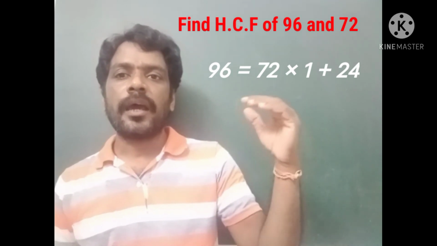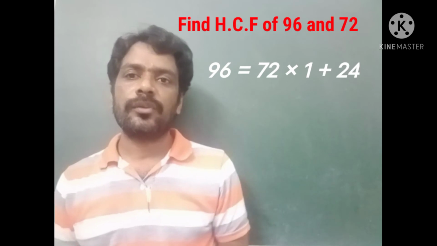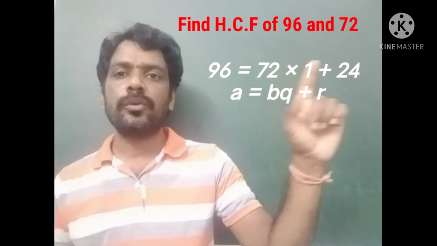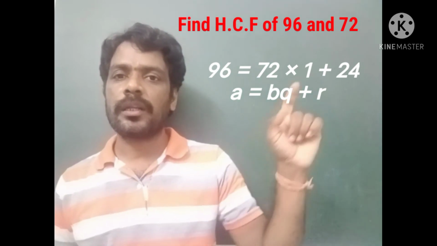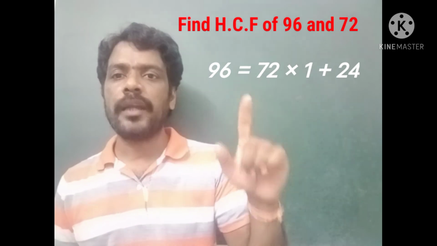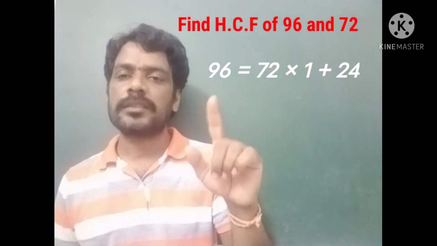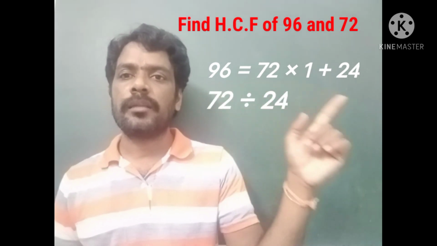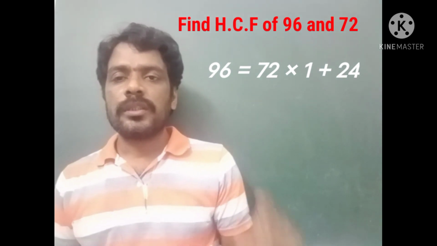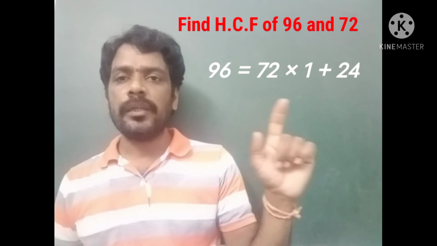This is the same as the statement of Euclid's division lemma, A is equal to BQ plus R. Here the remainder is 24. So again we have to divide the divisor 72 by the remainder 24. So 72 is divided by 24.